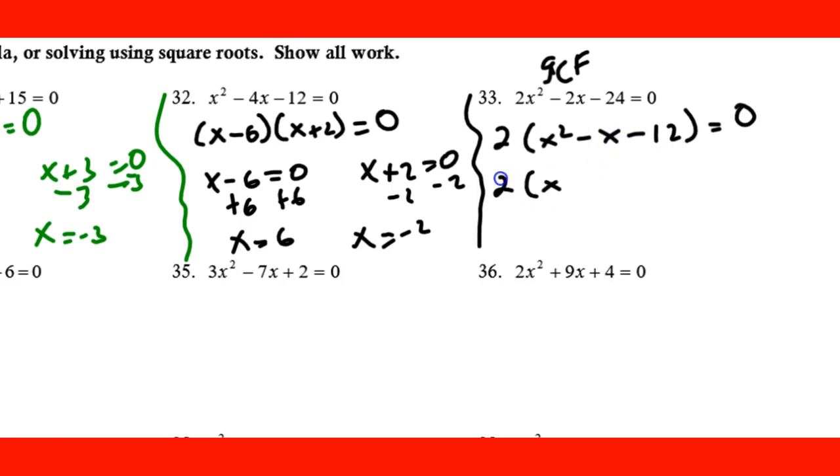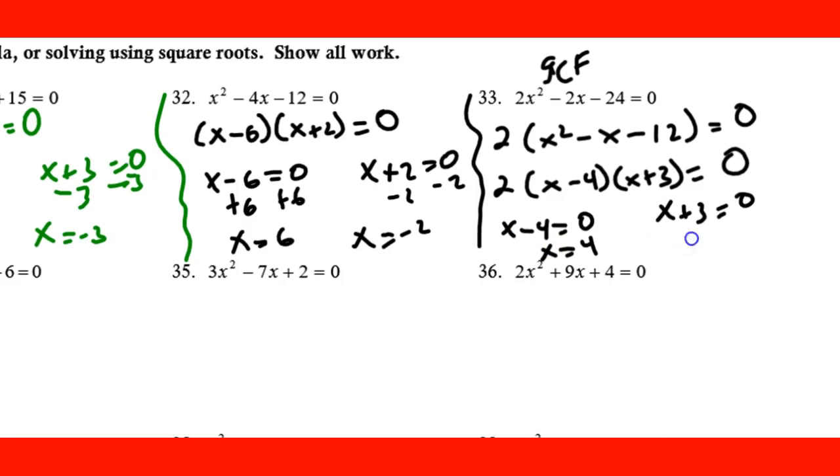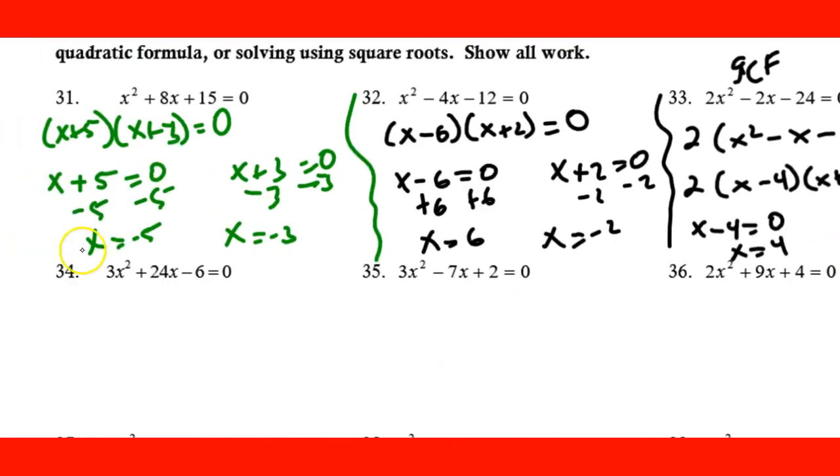We have 2 times x minus 4 and x plus 3, because negative 4 times 3 is negative 12 and negative 4 plus 3 is negative 1. Now we just set the factors equal to 0 and solve it.